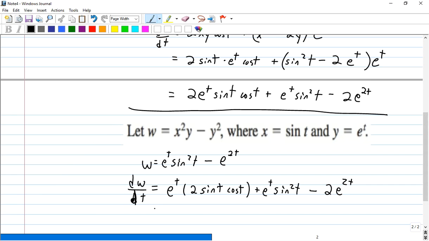All right, now let's do our algebra. There's really only one thing to do. I'm going to write 2 e to the t, and then I have sine t cosine t plus e to the t sine squared t minus 2 e to the 2t. Now compare the two answers.